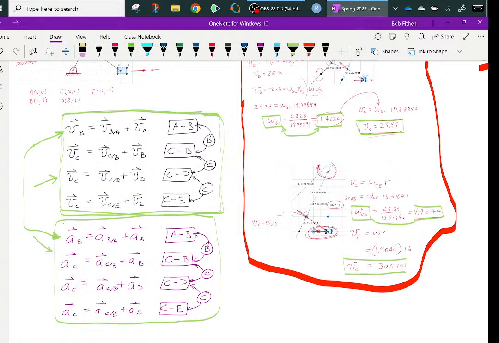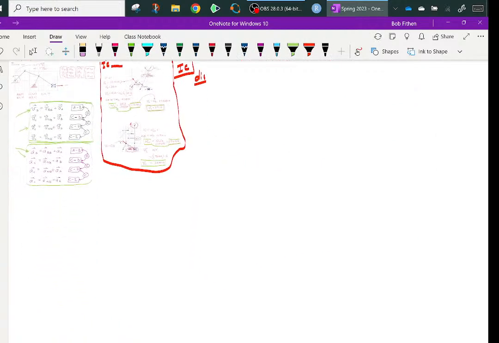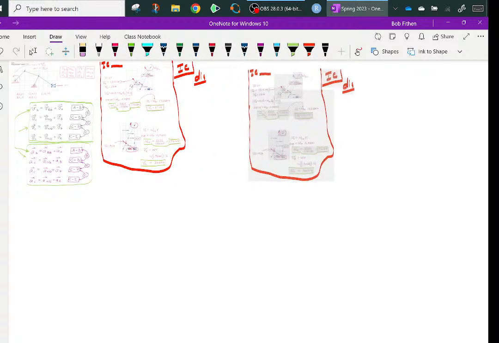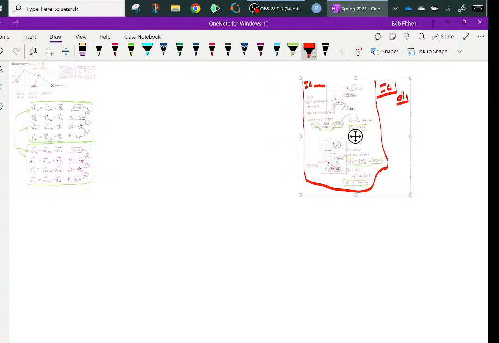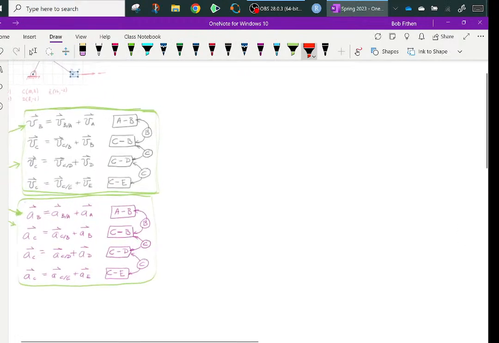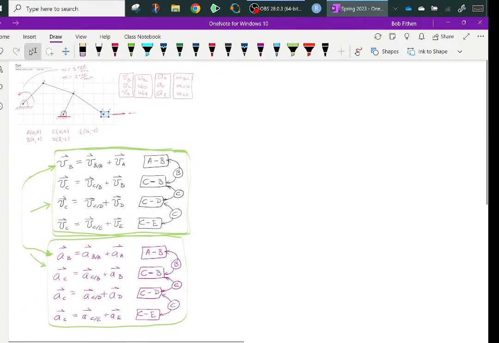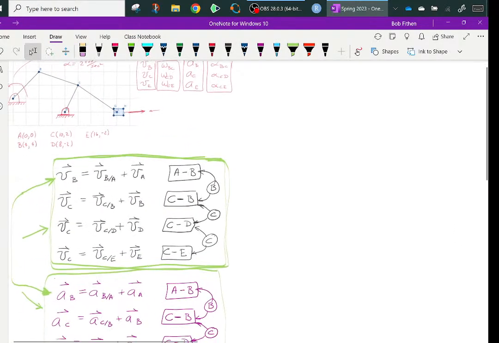Since I can, I'll see if it'll allow me to select all that and move it all over here. Then I can come back to that, but I'll use this space for this right here.